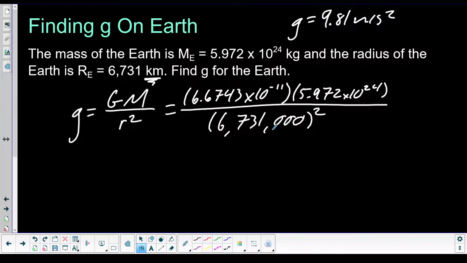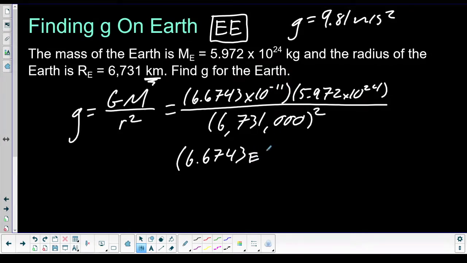Pro tip about calculators: you can type this as 6.6743, and then most calculators have either an E or an EE button. If you press this, it should give you an uppercase E, and then you can just type -11.